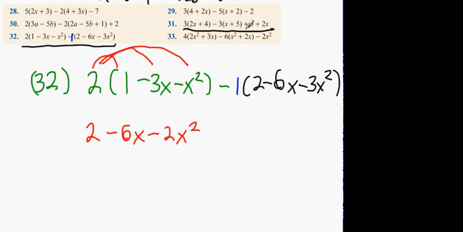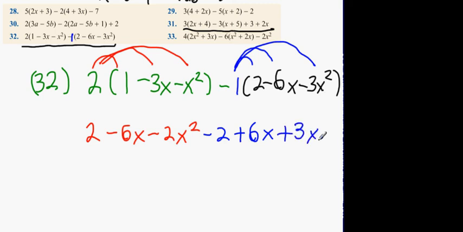Next one. Then minus 1 times 2 is minus 2. Yeah. Then minus 1 times minus 6x is plus 6x. Yeah. And then minus 1 times minus 3x squared is plus 3x squared.